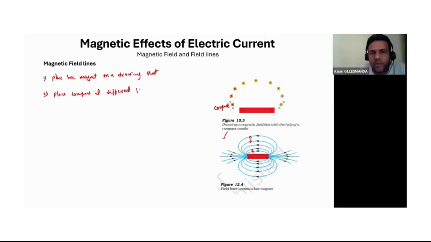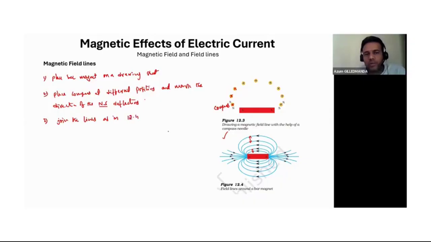Place compass at different positions and mark the direction of the north south, right? That's what it deflects. So north south deflections, and then join the lines, right? Join the lines as in 12.4, right? If you join the lines, this is how it indicates.